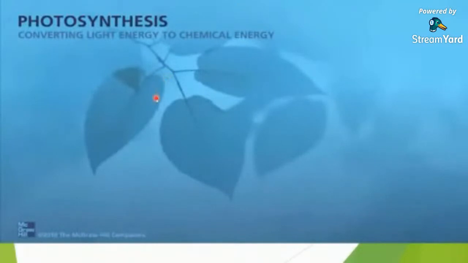So here is one more video which will give you a clear idea of what the Calvin cycle is, what photosystem 1 is, and what photosystem 2 is. It is a 7 minute video, so watch it very carefully, because photosynthesis occurs when energy is utilized from the visible region of the spectrum.